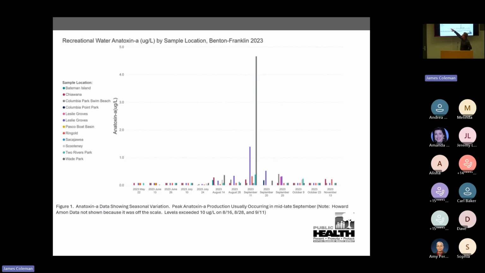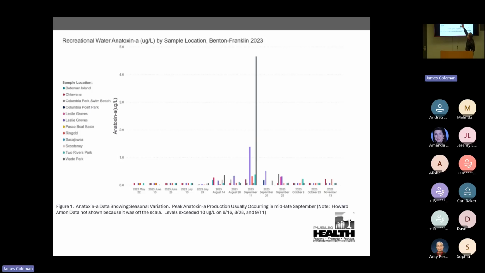And these are different sites, so the colors represent different sites. And then the peak height is the toxin concentration. If you look at May and June, there's kind of a baseline level, but it's barely detectable. Starting usually at the end of July and on to August, the toxin starts to creep up.